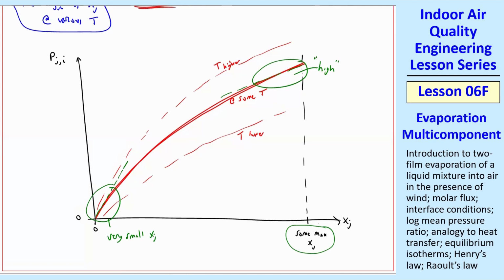It might be much smaller than that depending on the solubility. But this is for high x_J. And you see that there's slopes. So we can make approximations based on these slopes. This slope at the high concentrations is P_VJ. And this slope at low concentrations is H prime, which is Henry's constant.